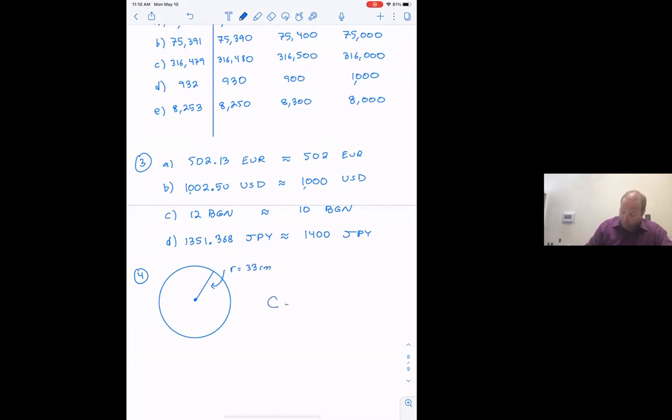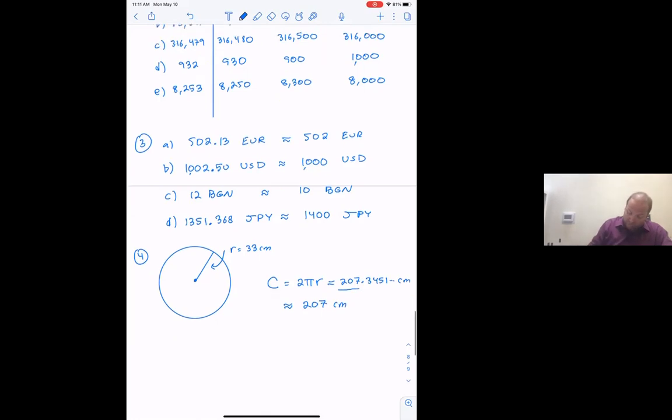Well, circumference is given by the formula 2 pi r, which you will have in your formula book. 2 times pi times 33 gives me approximately 207.3451 ... in units of centimeters. And it says write down your answer correct to 3 significant figures. That would just be 207 centimeters.